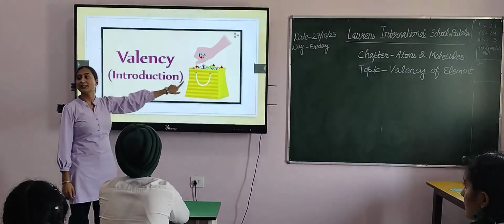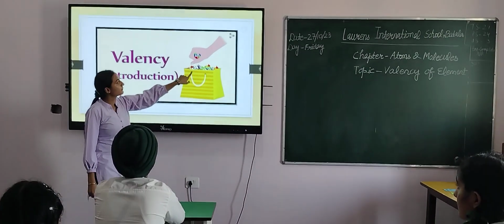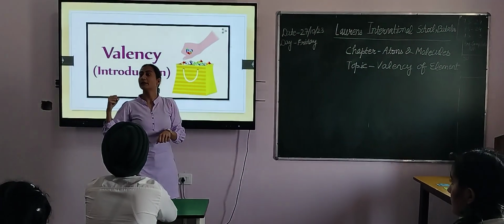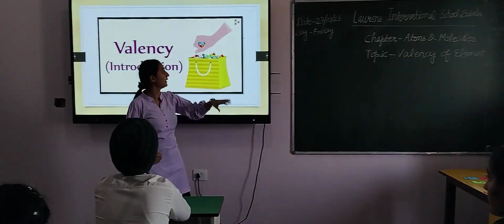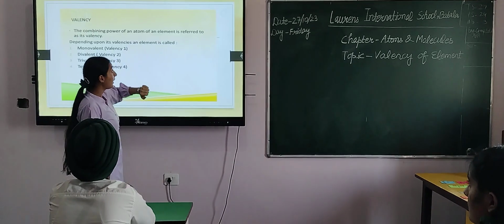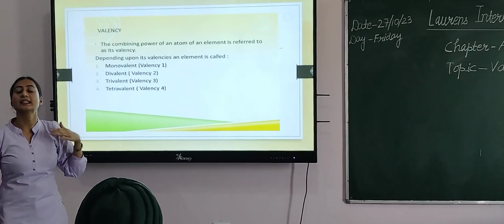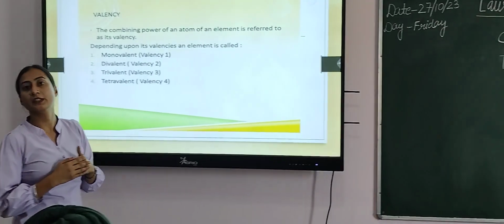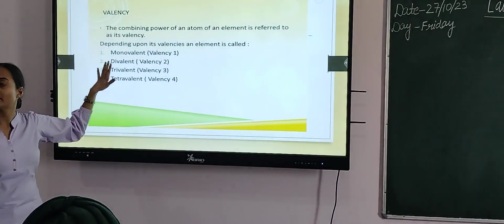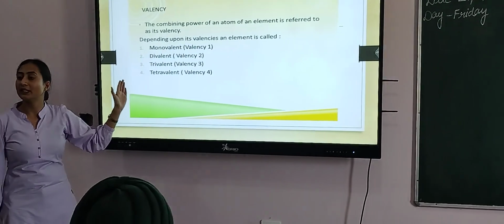As you can see in this picture, it is represented by the handpick of the substance that we can hold in our hand. So how can I conclude the definition of valency? It is defined as the combining capacity of different elements, and on the basis of valency we have different categories.